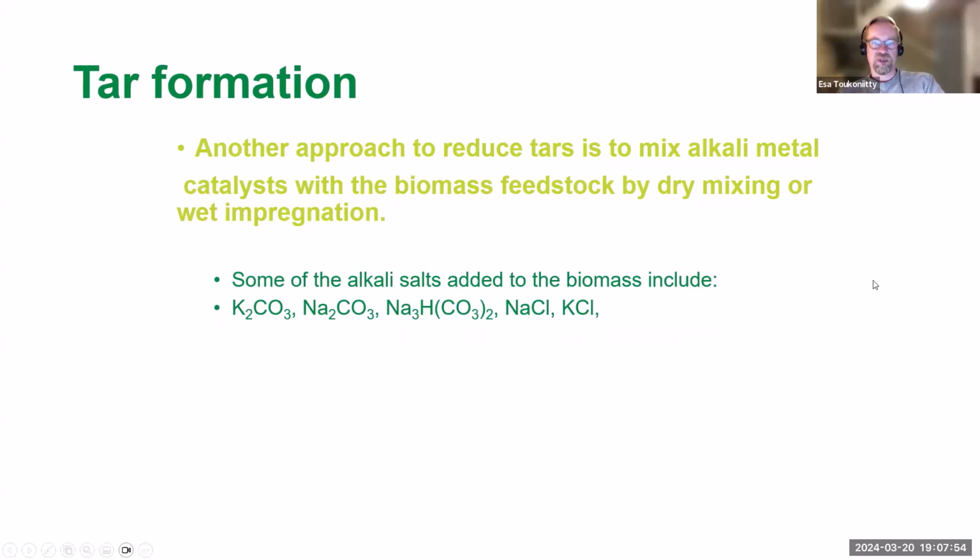Second approach is to mix alkaline metal catalyst in the fed biomass. So the catalyst is not inside the reactor as a fixed catalyst bed, but it's some kind of powder in the feed, and these alkaline metal catalysts are much cheaper.